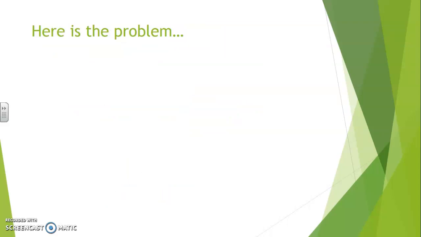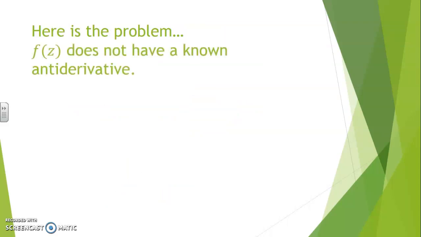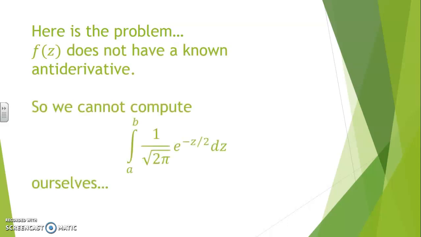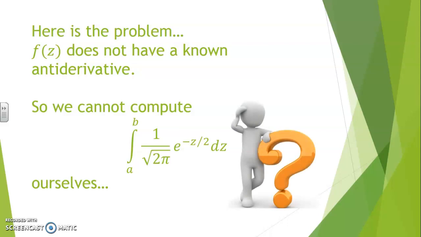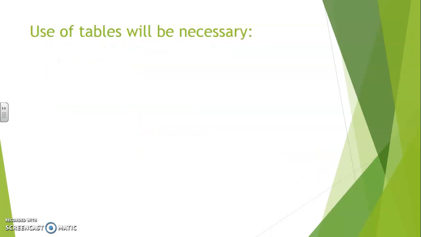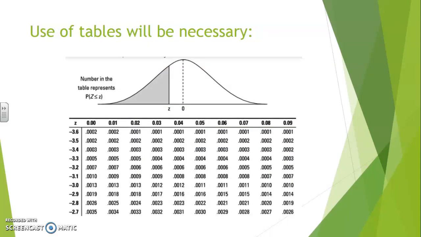Now here's our main problem. f of z does not have a known antiderivative. So it will be impossible for us to compute this definite integral ourselves. So what will we do? In the old days, we could use tables where the area left of a certain z value was provided.